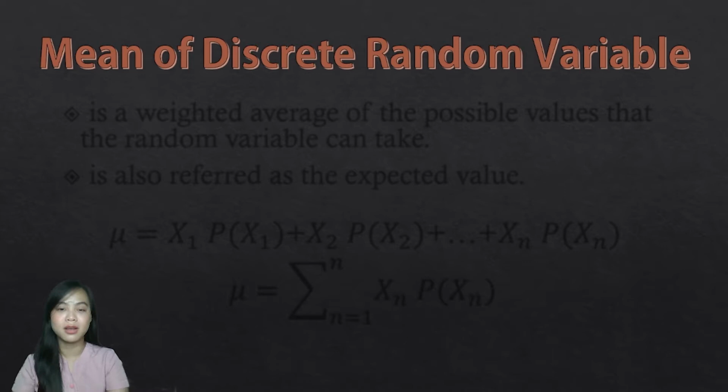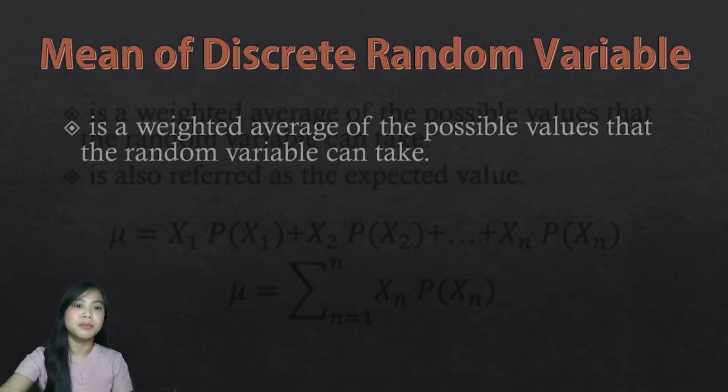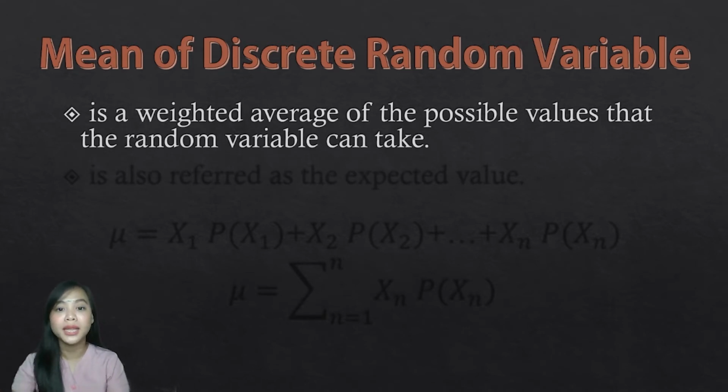We already discussed that discrete random variables are variables that have a finite or countably infinite number of values. The mean of the discrete random variable is a weighted average of the possible values that the random variable can take. So we have this so-called weighted average.